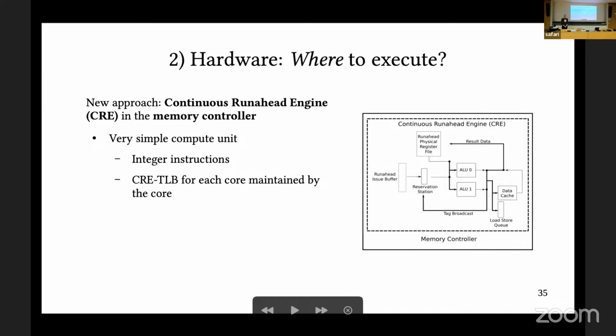So it really is like a small core, a small execution unit inside the memory controller. Yeah, the most basic things are here, right? ALUs that do integer operations, because it doesn't need to do much more. It has a data cache, registers, also some input, right, where it gets the dependency chains. It even has some TLBs. So yeah, small, but still packs some functionality.